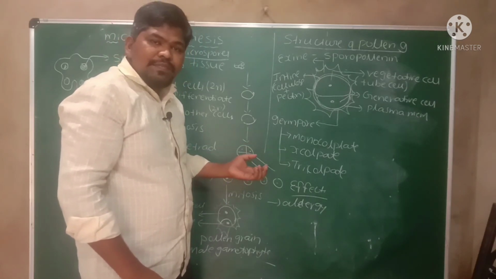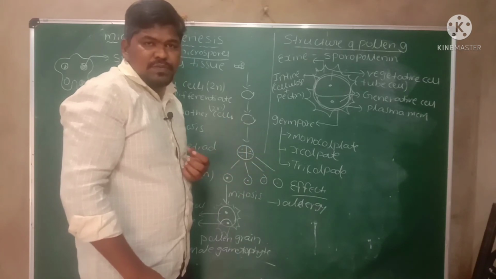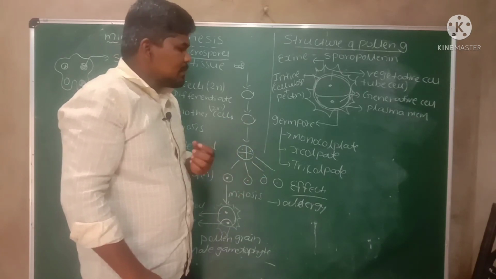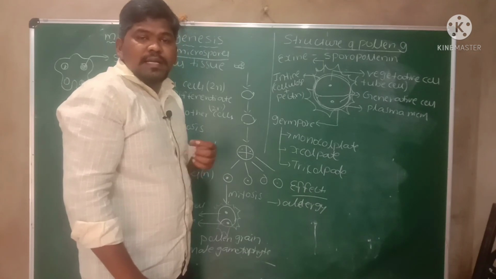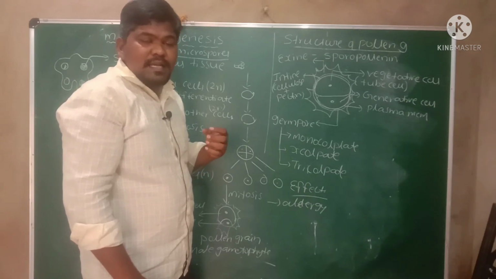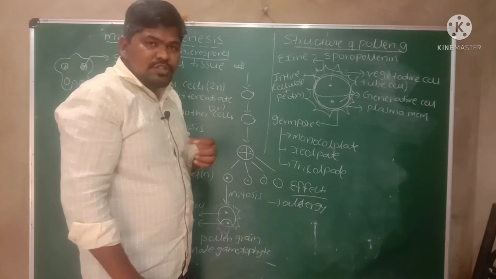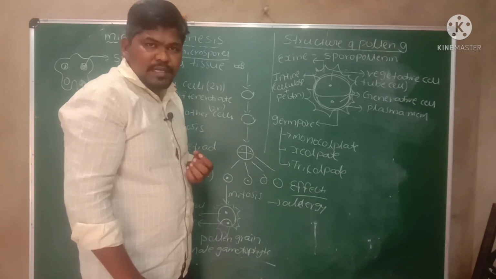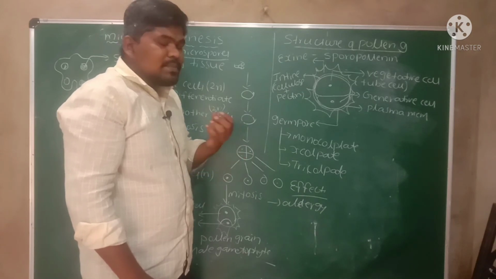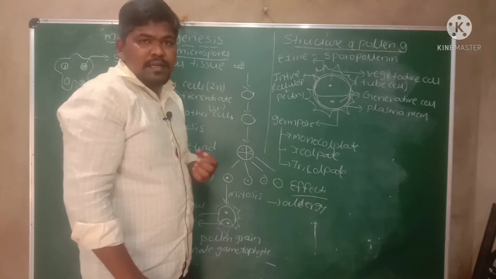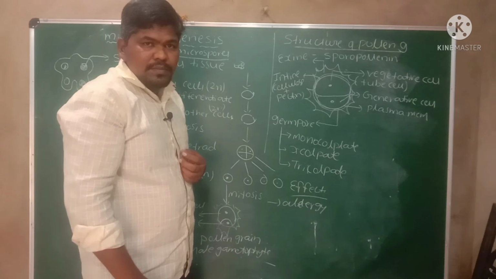Apart from the effects, pollen grains are also useful to human beings. Pollen grains of a few plants contain high nutrients. Because of that we can consume them to enrich our nutrients. We can take pollen grains in the form of tablets or syrups because they are rich in nutrients.